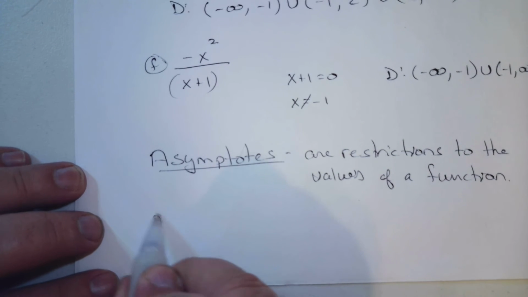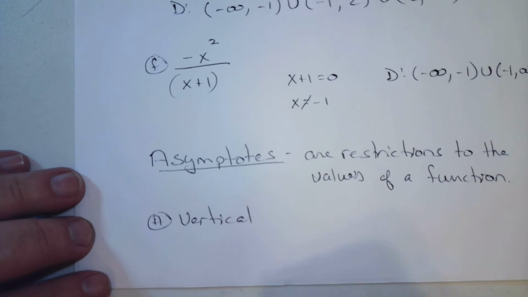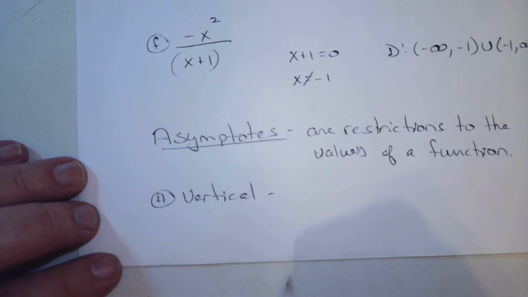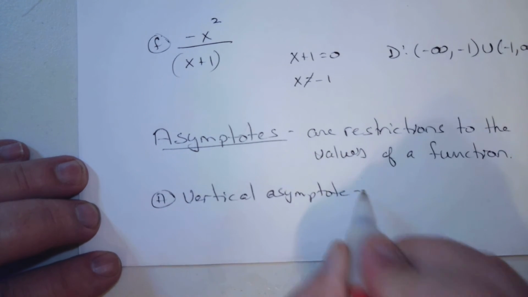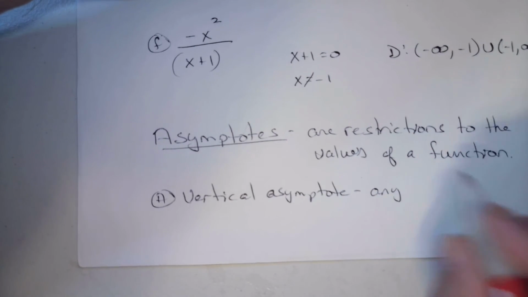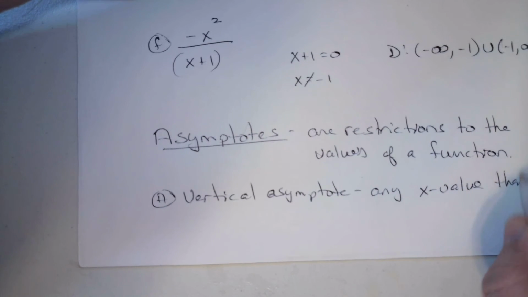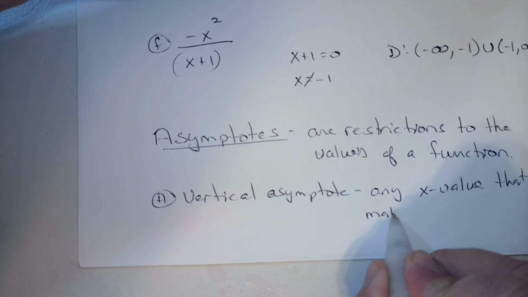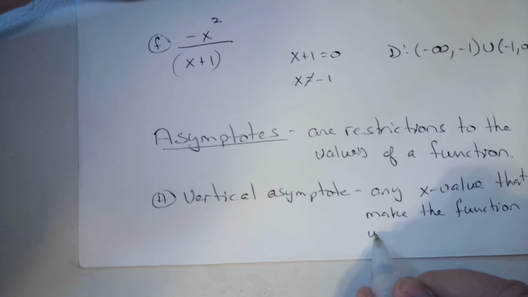The first one we're going to talk about is a vertical asymptote. The vertical asymptote is any x value that makes the function undefined.